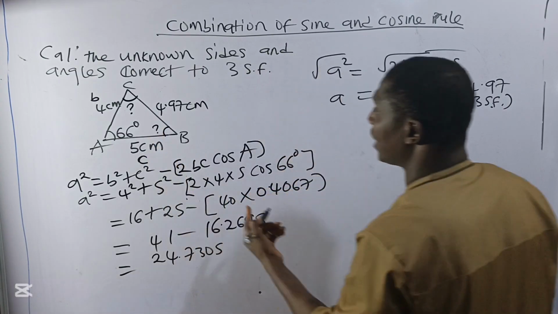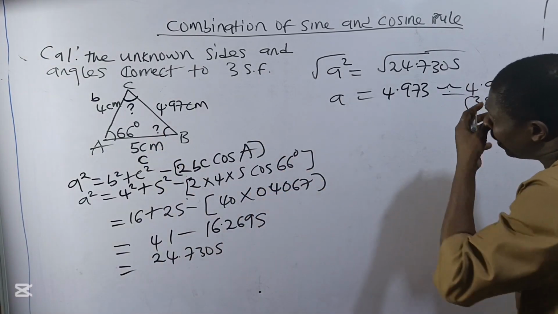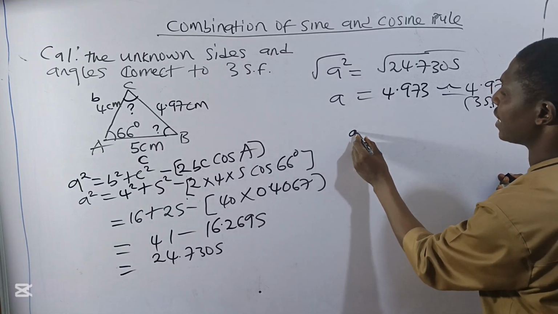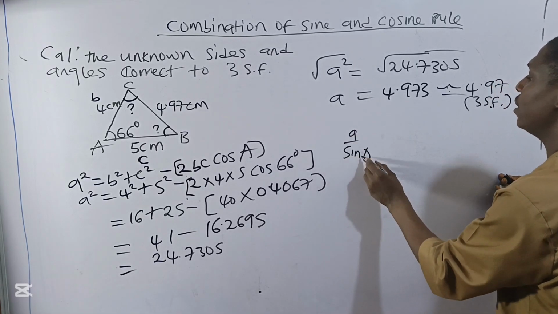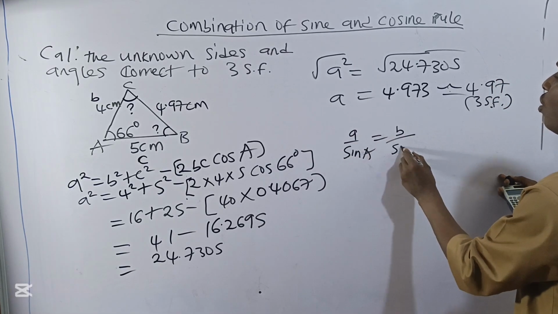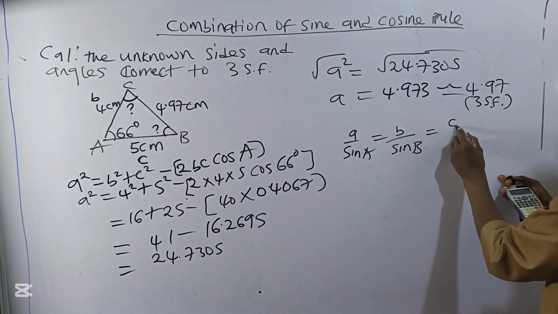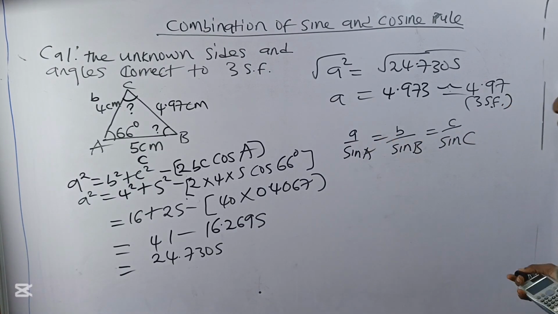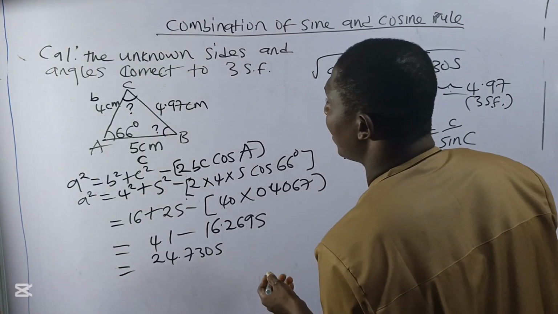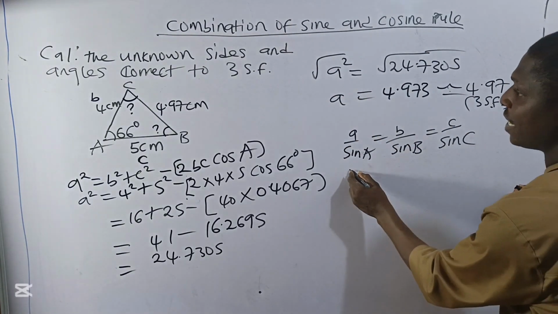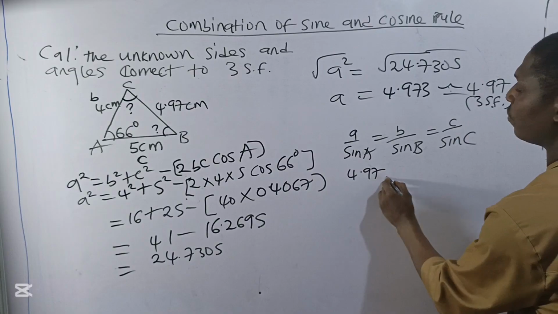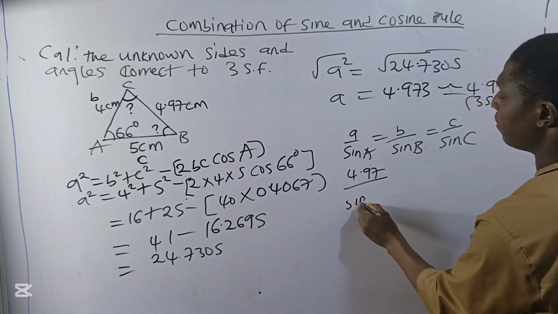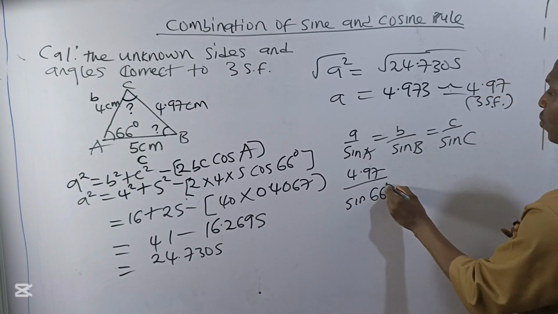But I simply want to use my sine rule. So I have small letter a over sine A equals small letter b over sine B equals small letter c over sine C. Again, a, b and c are the sides. So I'll put in all my values directly. My a is already 4.97 over sine. My A is given as 66 degrees.